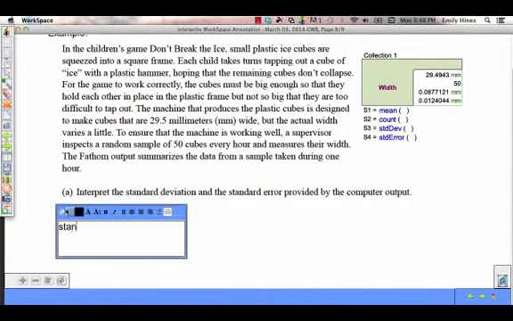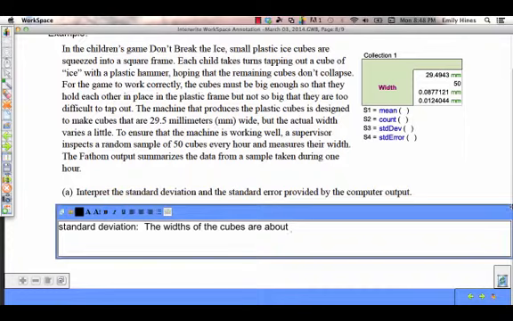Okay, the standard deviation tells us this. The widths of the cubes are about, and I look up here and I can see what my standard deviation is. It's the third one down. 0.087 millimeters from the mean width.